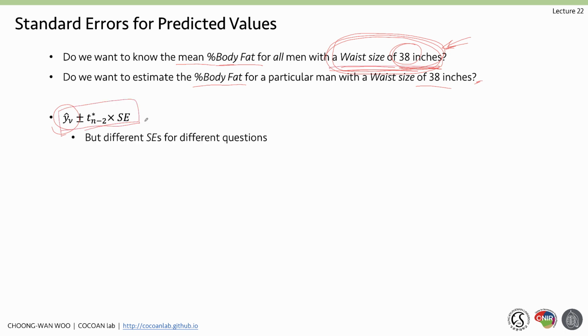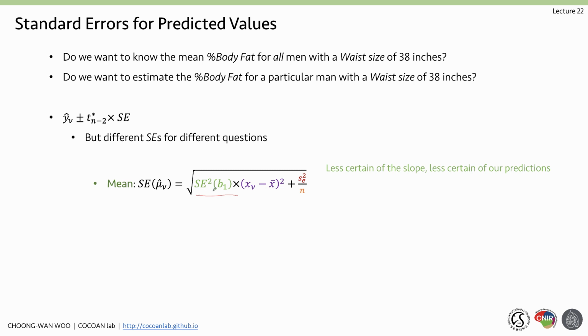This is the conventional equation, estimate plus or minus margin of error. And margin of error is the critical value times standard error. But here, we have different standard errors for different questions. So for the mean, the first question, the standard error becomes like this. And here we have the standard error of beta 1, but we are less certain of the slope, so we are going to be less certain of our prediction.